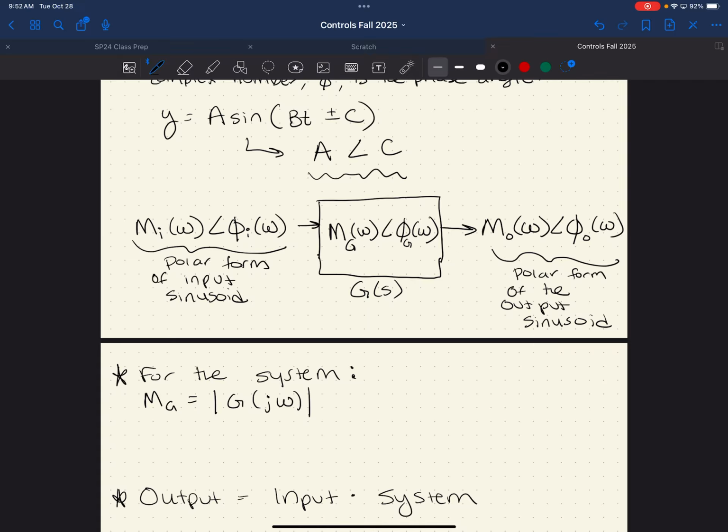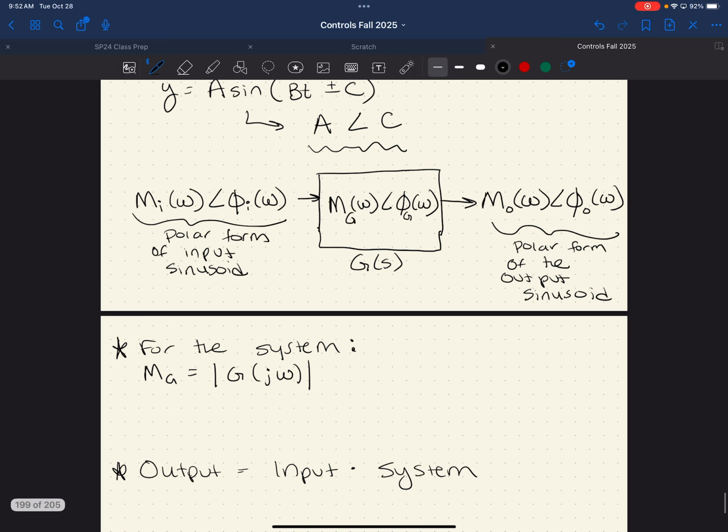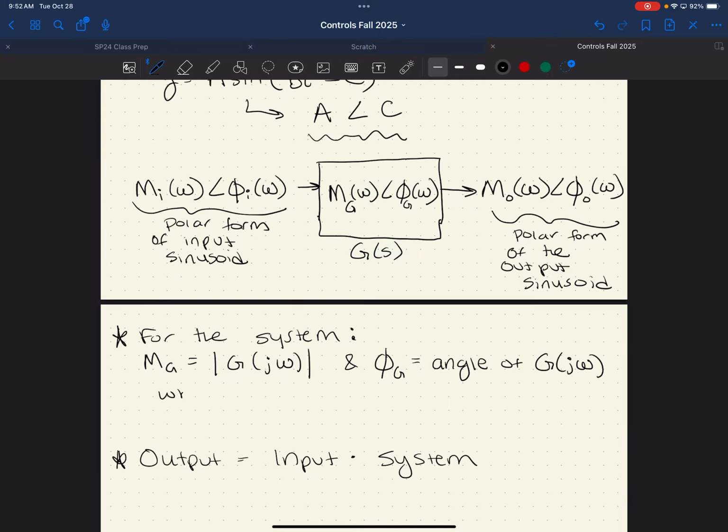Okay, so that's the magnitude of the transfer function if I plug in j omega. And therefore, phi_G is the angle of G when I plug in j omega, where G of j omega is simply G of s as s goes to j omega. Just plugging in the value j omega for s.